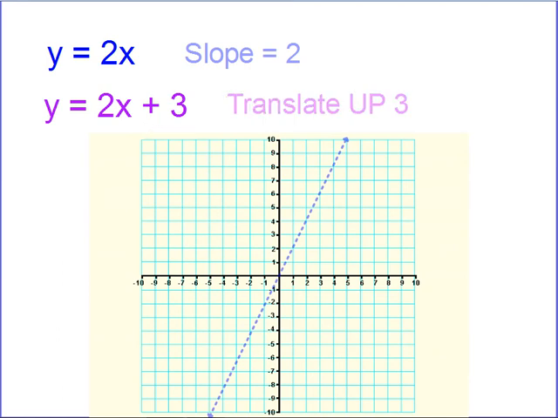We're going to translate up 3 units. This is what our new line looks like. Notice my last line started at 0 or went through 0. My new line is up here at positive 3. I translated up 3 units.